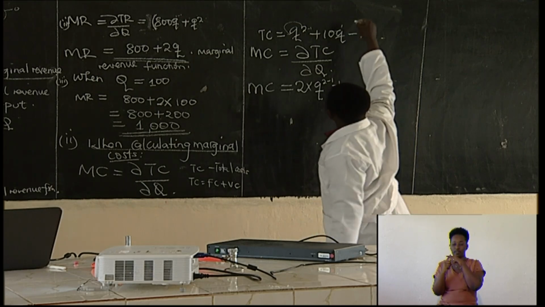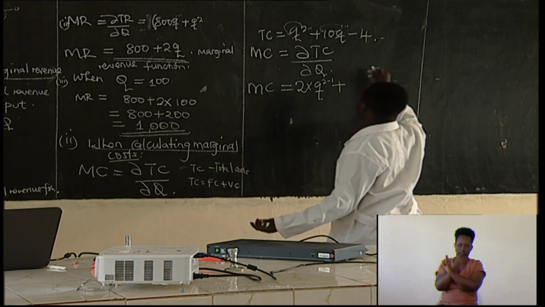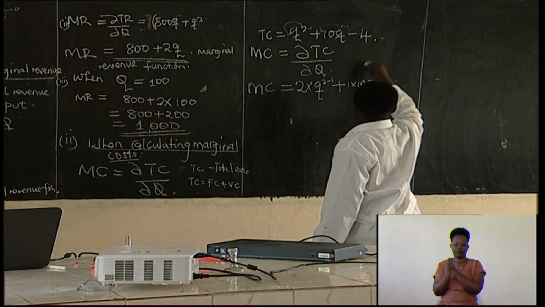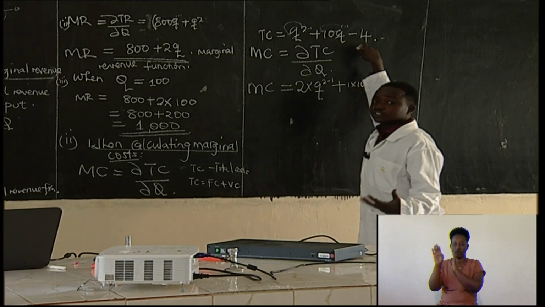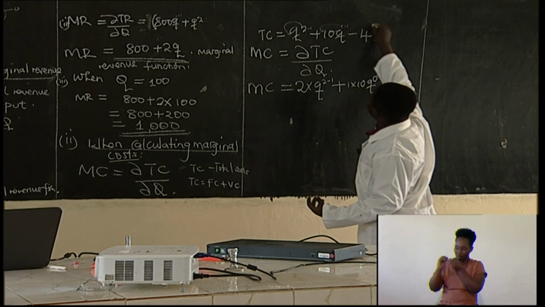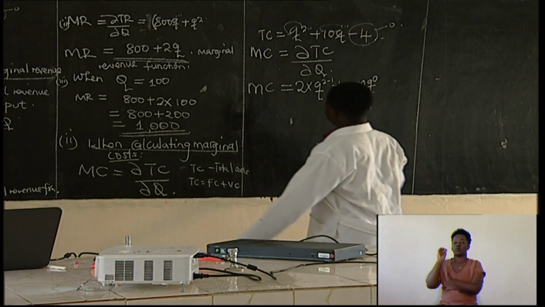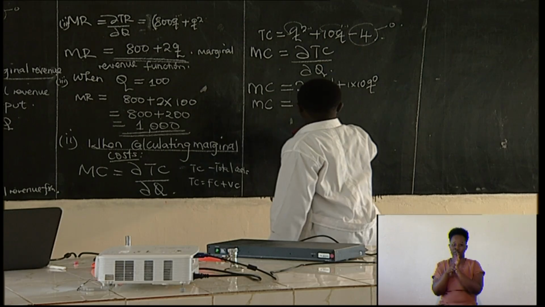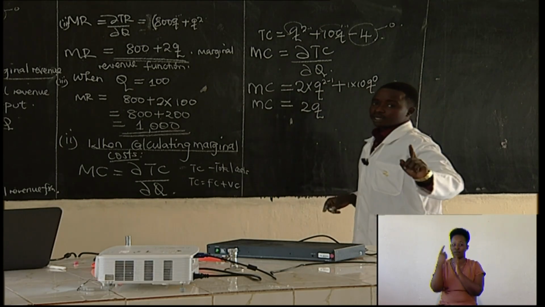Then for 10Q, this is power 1: you bring 1 here and subtract 1, so you remain with power 0. The differentiation of a constant gives 0. So our marginal cost function is 2Q, because 2 minus 1 is 1, and any number to power 1 is that number.